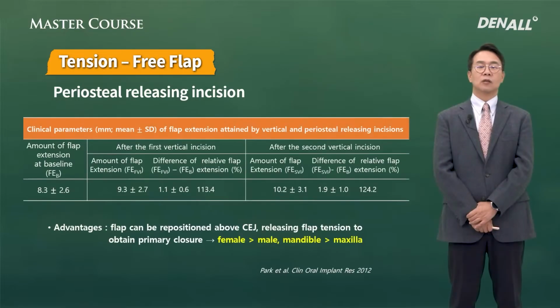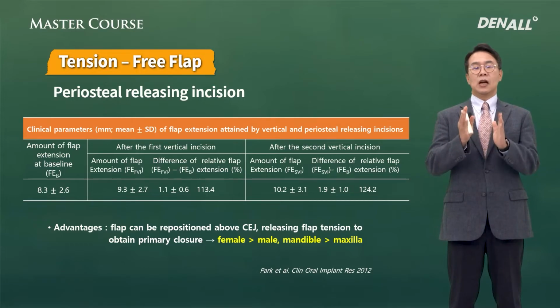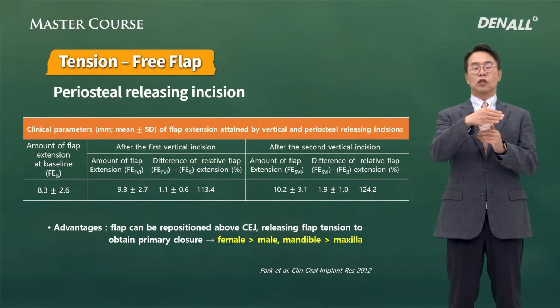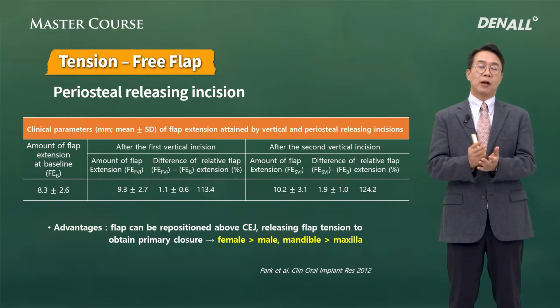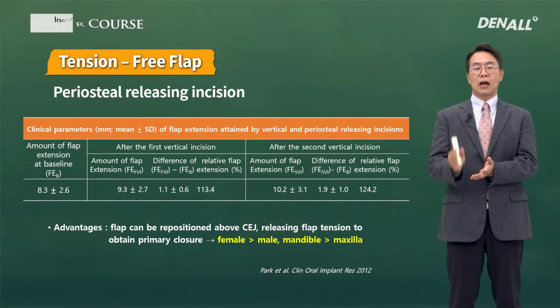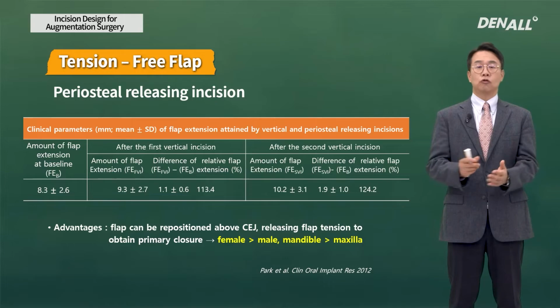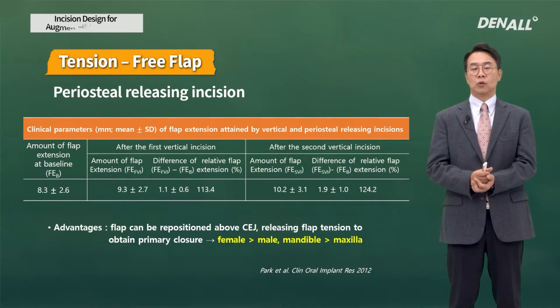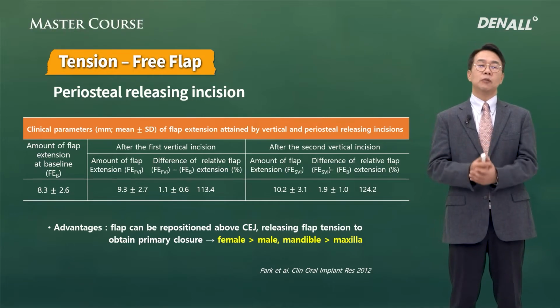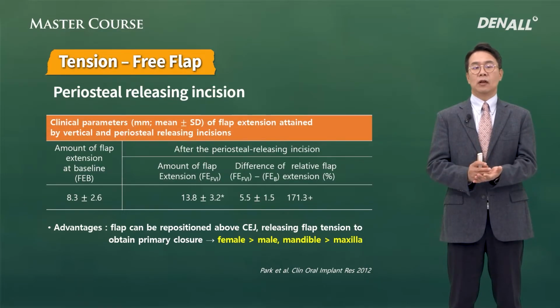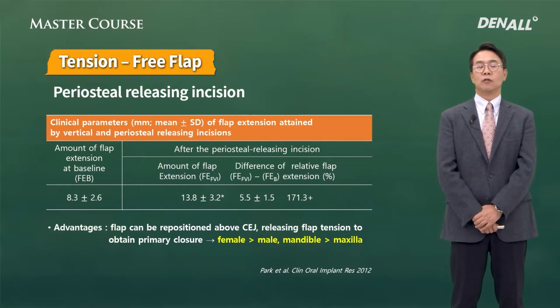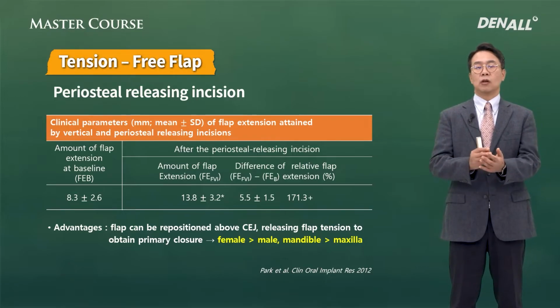According to this paper, the amount of flap extension at baseline without vertical incision is usually 8 millimeters. After one vertical incision is made, it increases about 13% to be 9.3 millimeters. With the two vertical incisions, it increases by 24%, so 10.2 millimeters. If you add a periosteal releasing incision, 71% extension is achieved to be 13.8 millimeters.